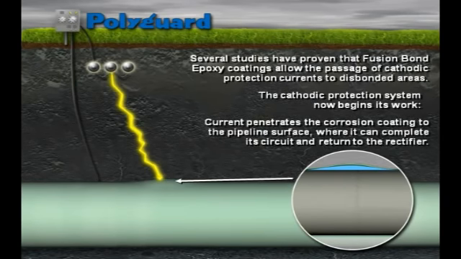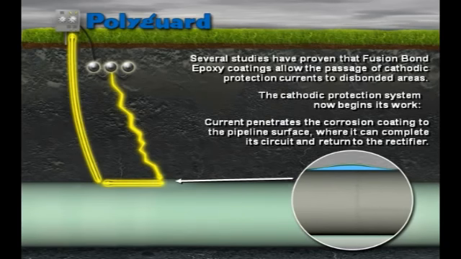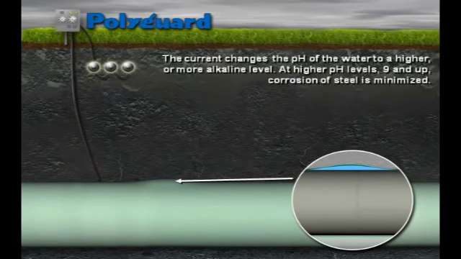Current penetrates the corrosion coating to the pipeline surface, where it can complete its circuit and return to the rectifier. The current changes the pH of the water to a higher or more alkaline level. At higher pH levels, 9 and up, corrosion of steel is minimized.